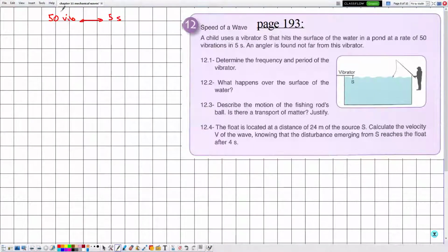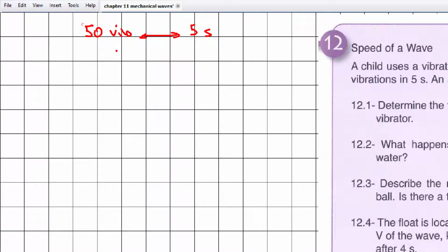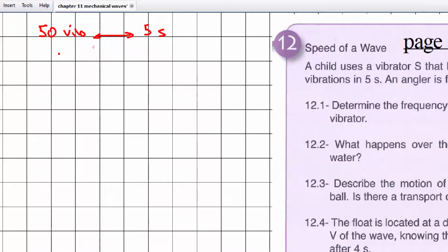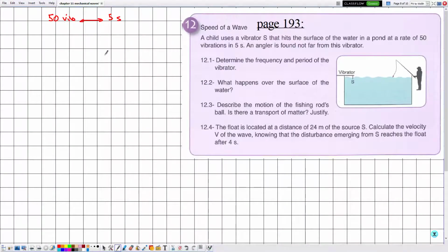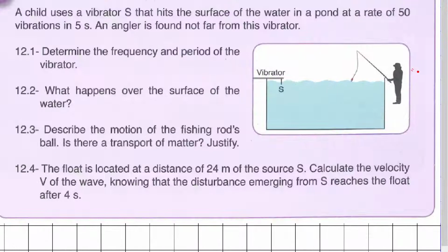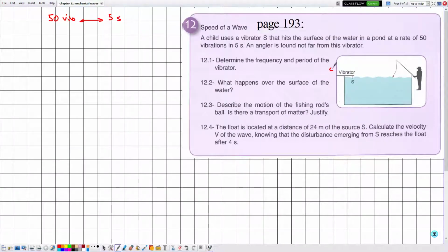The time is given in seconds, so no need to convert. Then the frequency can be calculated by placing f here, and this is 1 second. The period can be calculated by placing one vibration corresponding to the time t. So the child is supposed to be standing here.